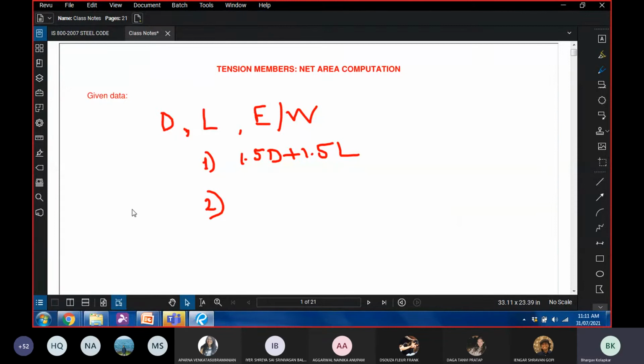If you are designing it for gravity as well as earthquake or wind, the combination looks like this: 1.2 dead plus 1.2 live plus 1.2 earthquake or wind.